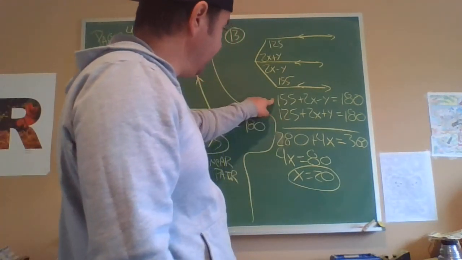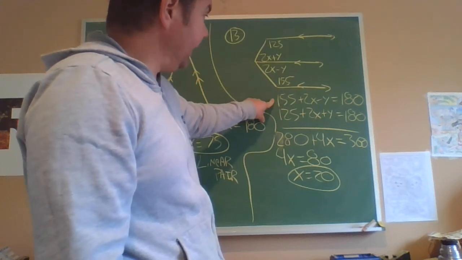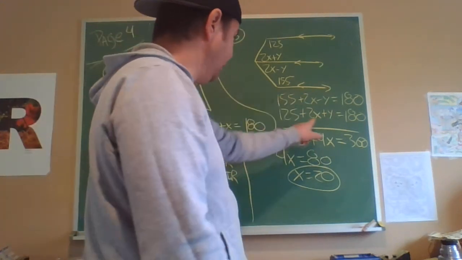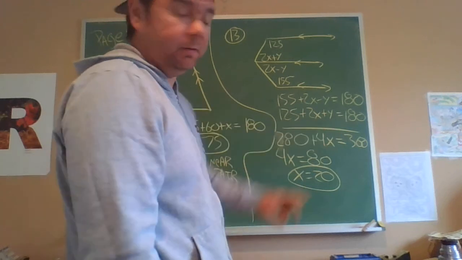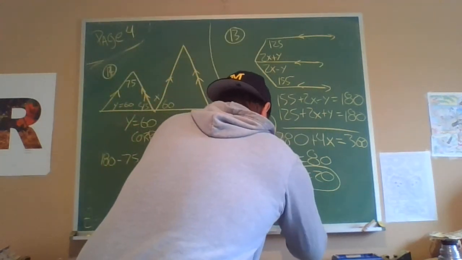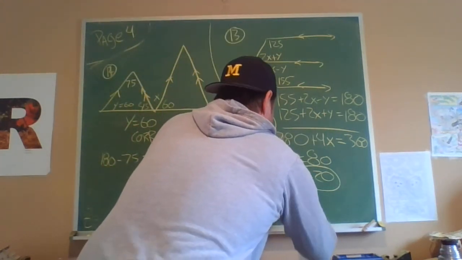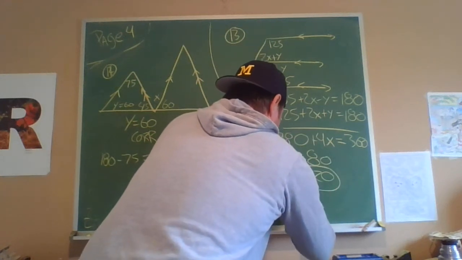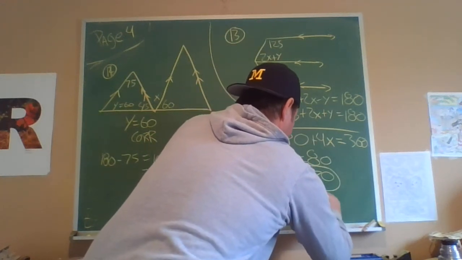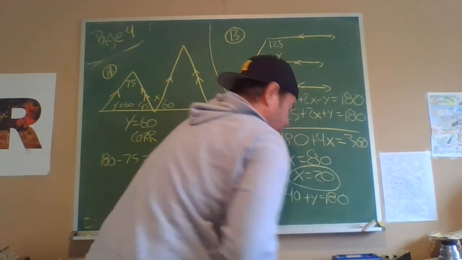I can get y by just coming back up here and plugging it in and solving for y. I'll actually plug it into this bottom equation here. 125 plus 2x, which is 40 now, plus y equals 180.